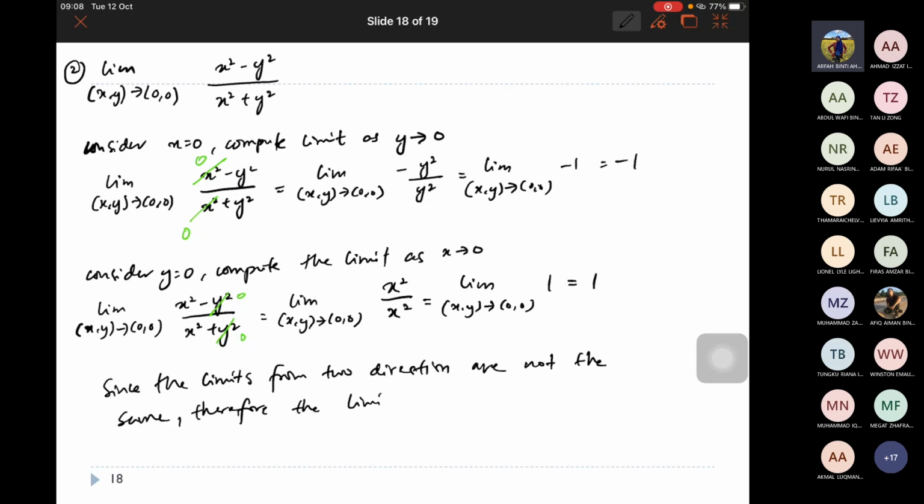Therefore the limit of x, y approaches 0 of x squared minus y squared over x squared plus y squared does not exist.